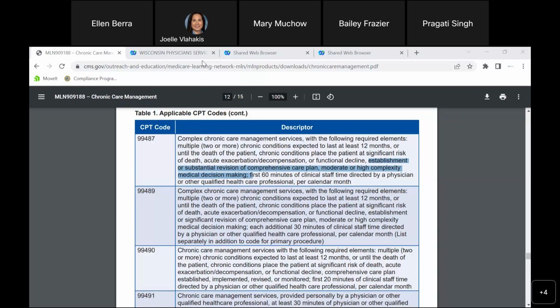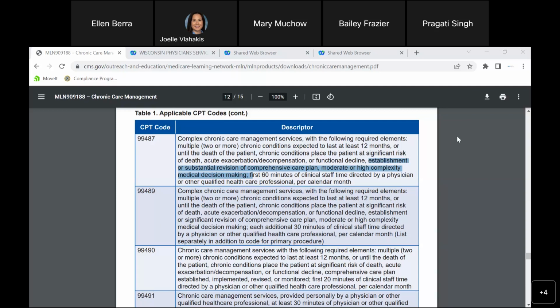Okay, that's a really fantastic question. And what I need to tell you to do is to stop doing that, because chronic care management services are not part of the teaching physician guidelines, and they are not under the primary care exception. So let me explain what this means. For services provided by a resident, Medicare can reimburse that teaching physician if they are physically present during the key and critical portions of the service.